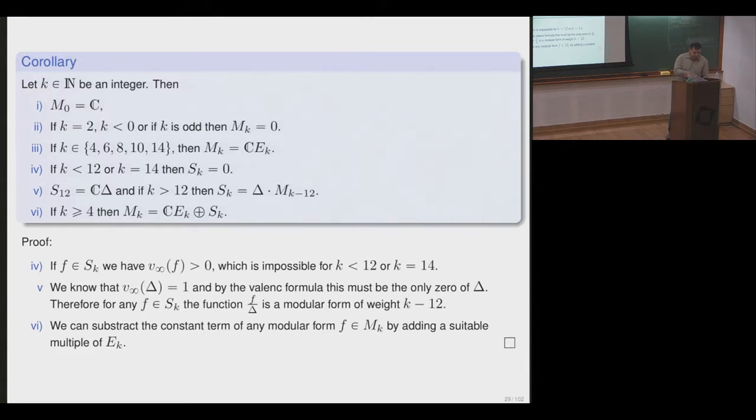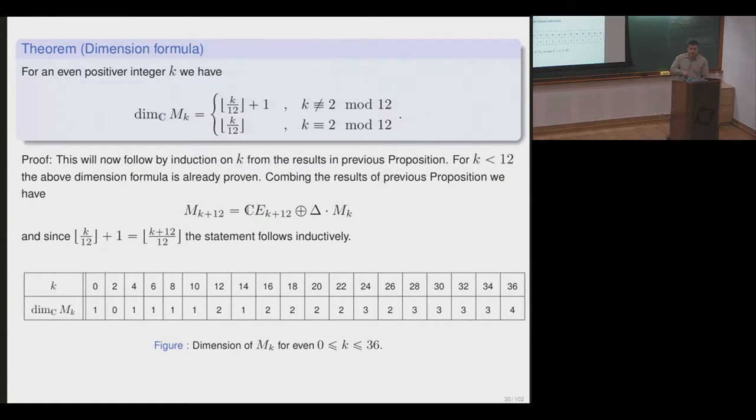So we had this formula, and out of this corollary or this proposition, we can deduce the dimension of the space of modular forms.